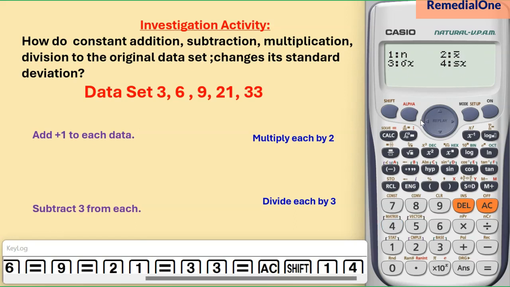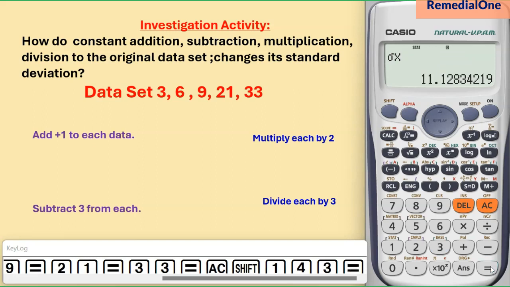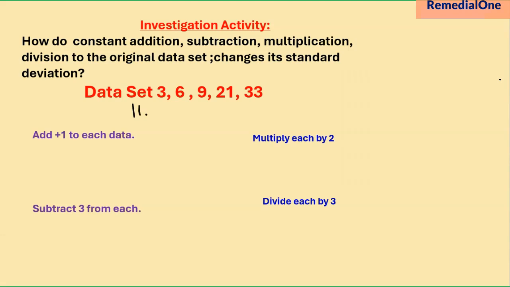And this is the symbol for standard deviation. So option 3, and then equals. So that's our standard deviation for this one here. Let's go ahead and write that one out: 11.1283. All the decimals are out because we want to see what is happening.